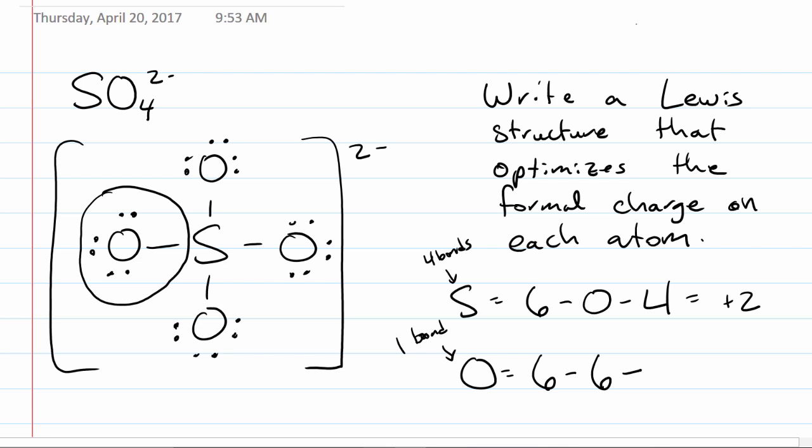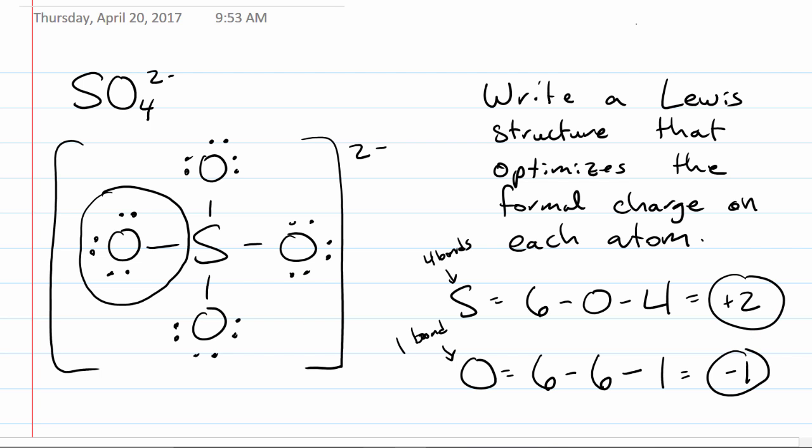Then we subtract 1/2 of the bonding pair electrons. This one has 2 bonding electrons. 1/2 of that is 1. So we take 6 minus 1, which gives us -1.